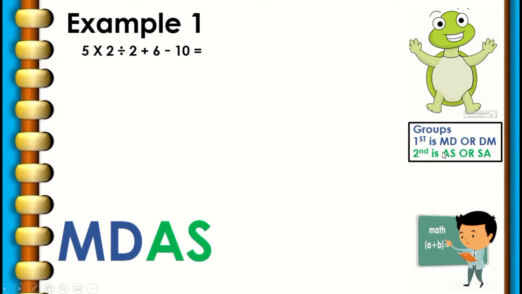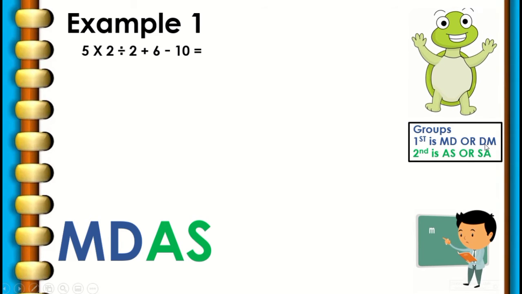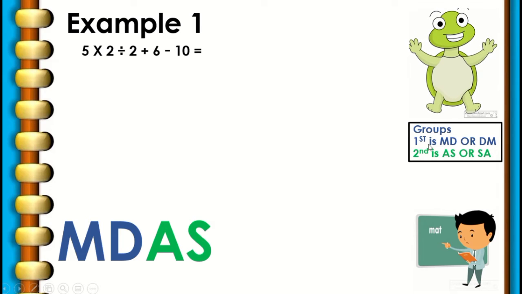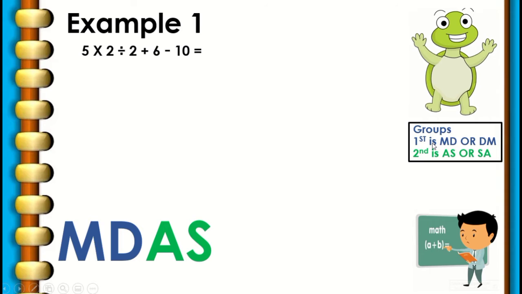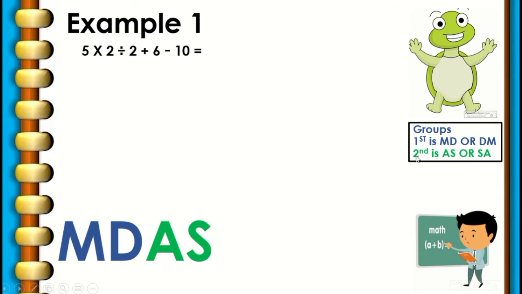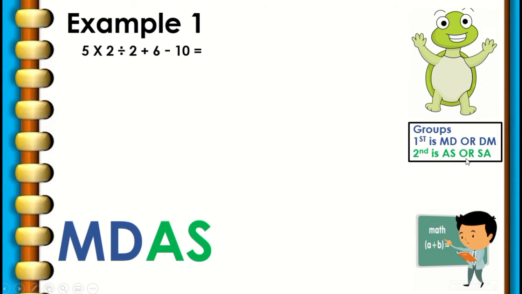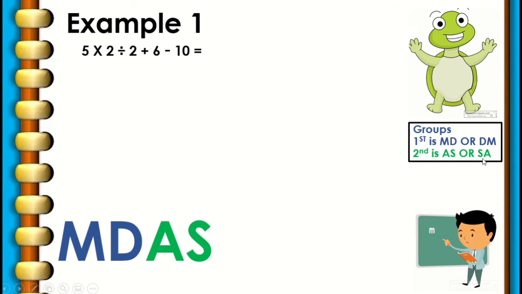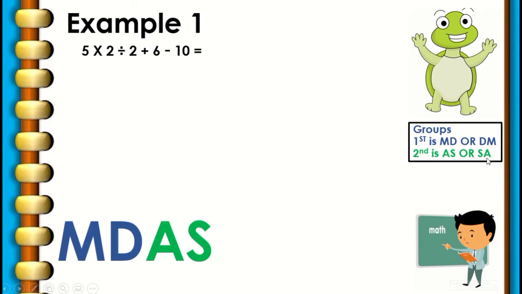Sa first group is meron tayong multiplication, division, or division and multiplication. Ibig sabihin, ito muna yung i-evaluate natin o i-compute natin. After that, pwede na tayo mag-proceed sa second group, which is addition and subtraction, or pwede mauna yung subtraction and then followed by addition. Tingnan muna natin.